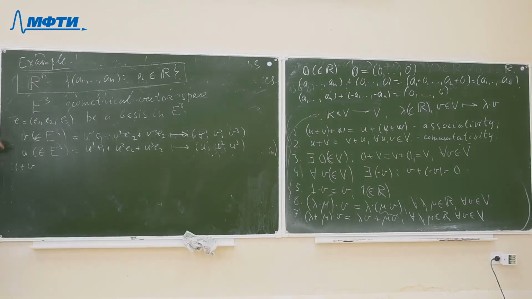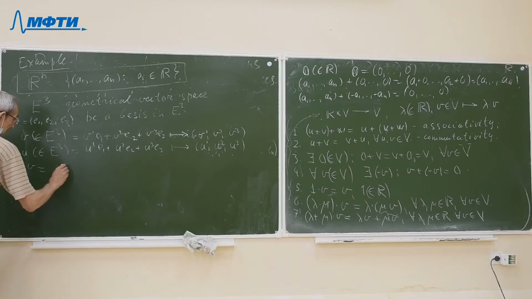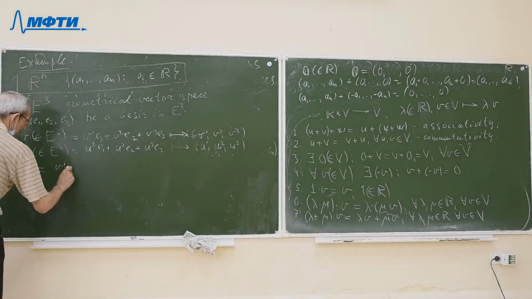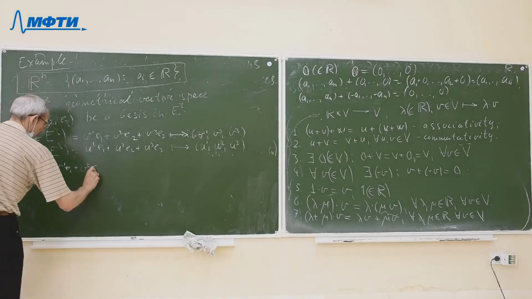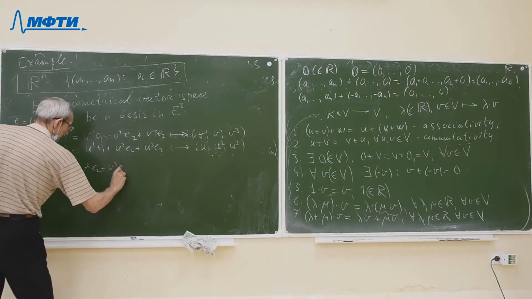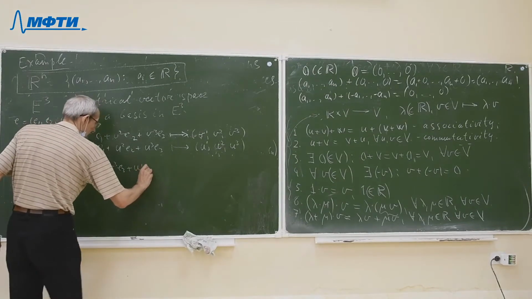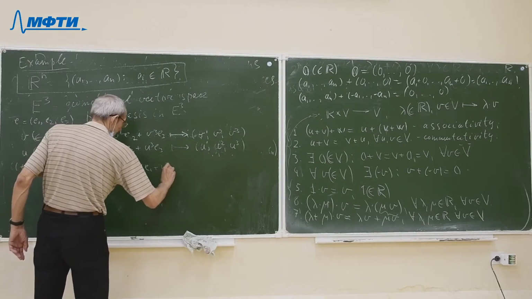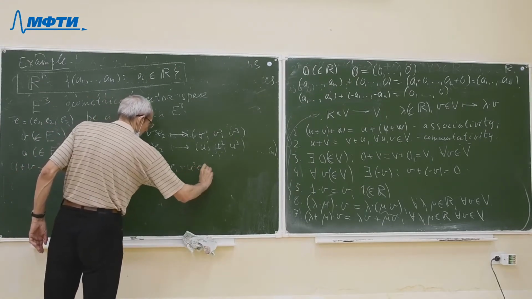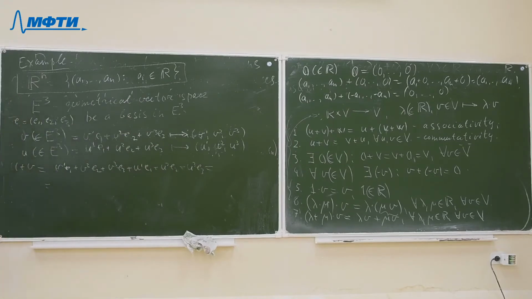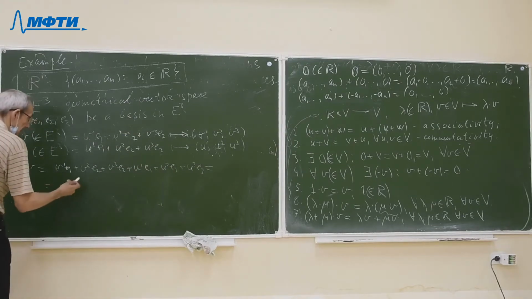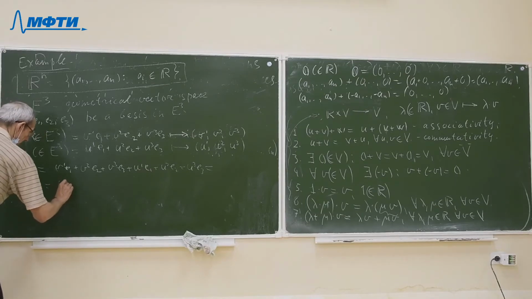If we add these two vectors, consider the sum u plus v. We can decompose each of these vectors, and we can present this sum in the following way.